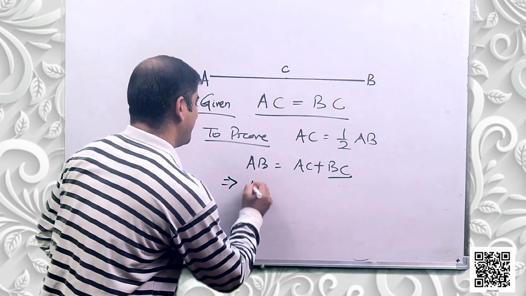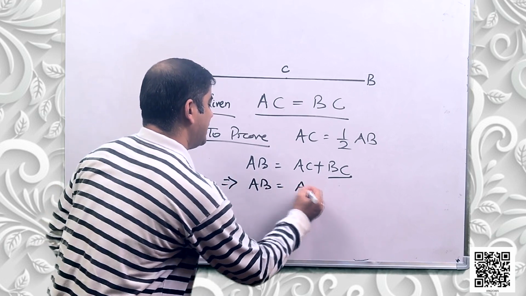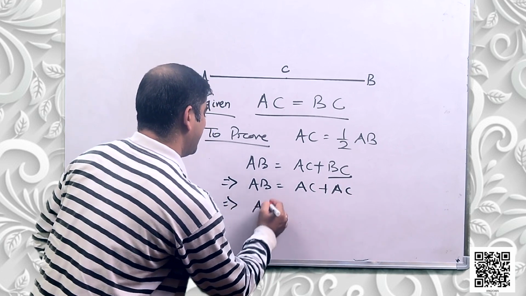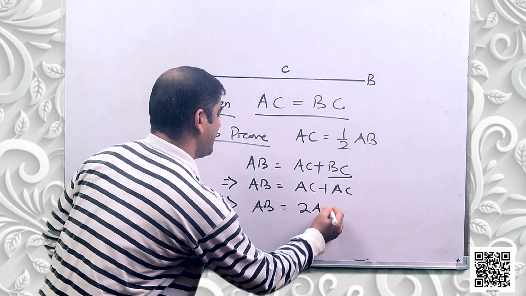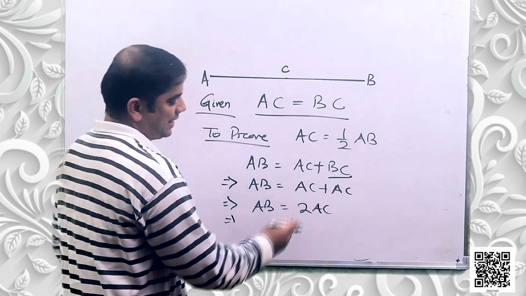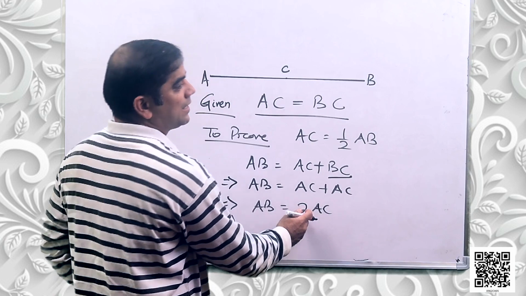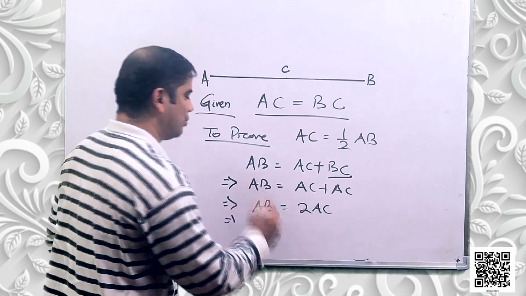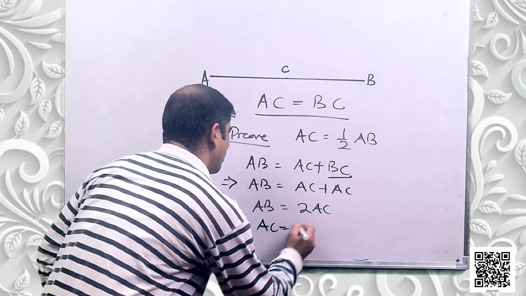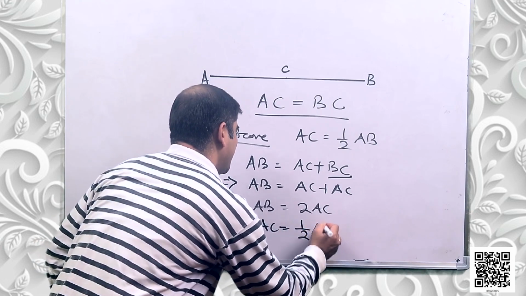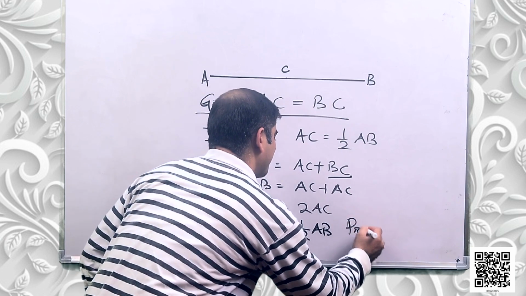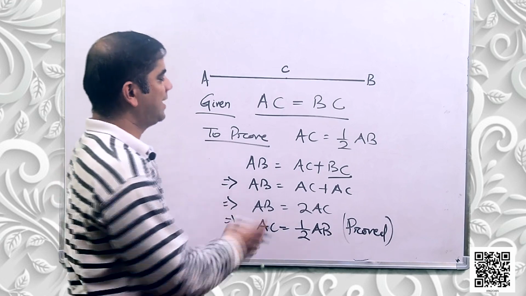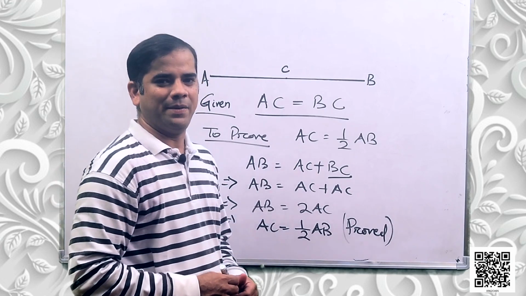So, I will get AB is equal to AC plus AC. That means AB is equal to 2AC, and if I take this 2 from the right hand side to the left hand side, it will divide AB by 2. So, AC is equal to half AB. In this way we have proved that AC is equal to half AB.